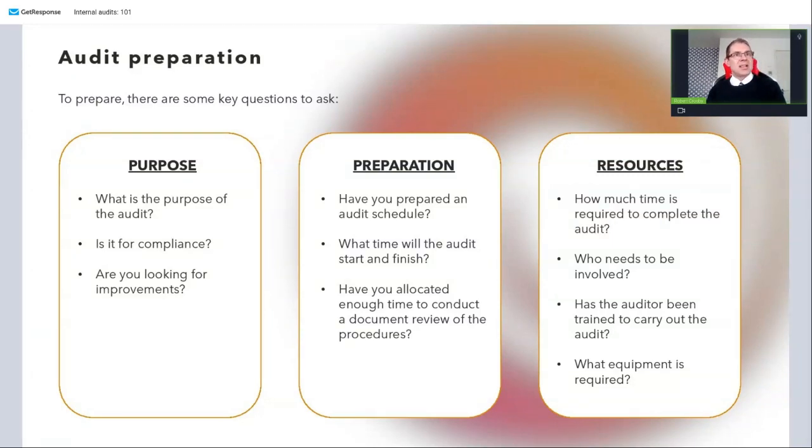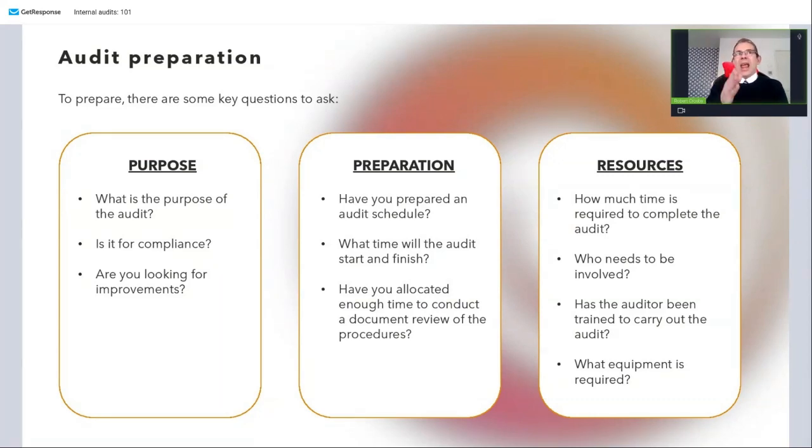Because even when we've got successes, organizations are striving for improvement, and essentially every management system that I generally work with focuses on continuous improvement, looking at how you can improve what you do, saving costs, time, increasing efficiencies. So again, purpose is one of the key factors in audit preparation.